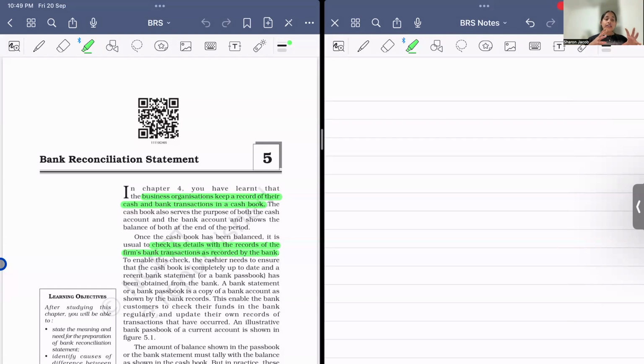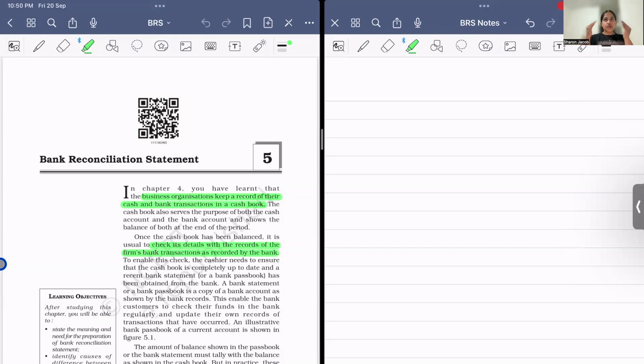Now, the bank will also have a book known as a passbook. It's either known as a bank statement or a bank passbook. It is a copy of a bank account as shown by the bank records. So if a business is maintaining the business's transactions in a cash book, the bank will maintain the transactions that took place through the business's bank account in a passbook.